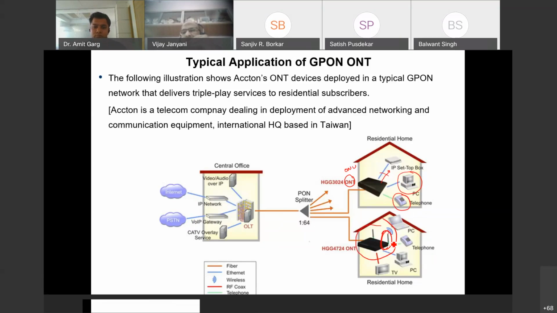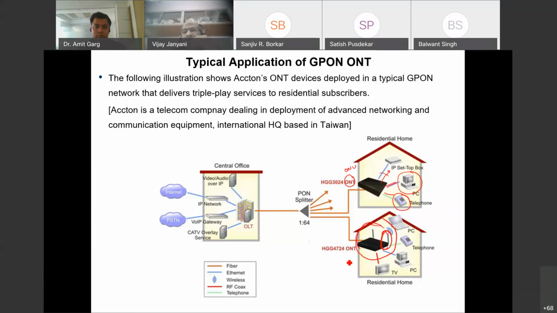So with Wi-Fi, you don't need to put any copper cable, and from the ONT or ONU, whatever you want to call it, you can get signal to all your devices, whether it is telephone or PC or TV. For TV, you have a small set-top box connected to it, which is again Wi-Fi enabled.